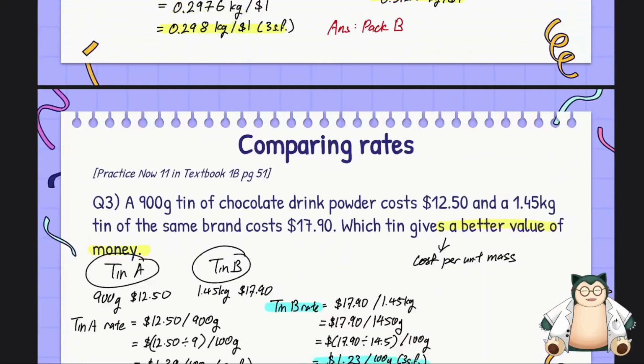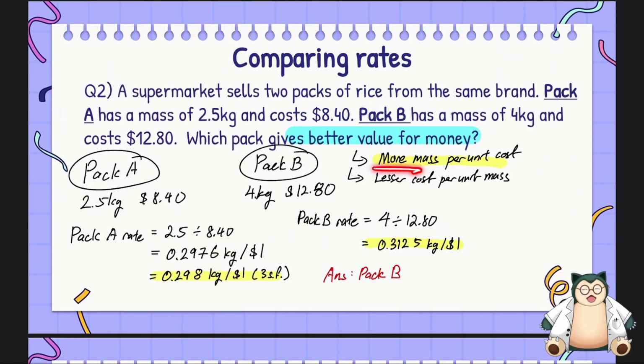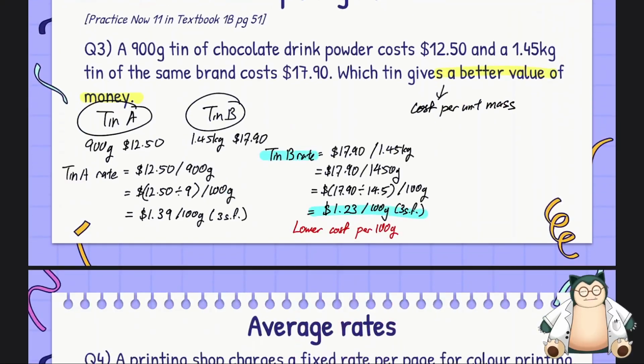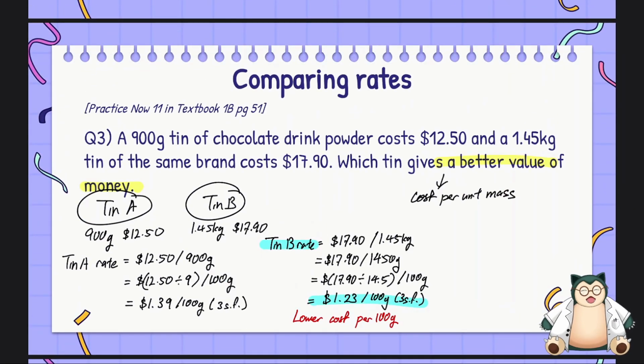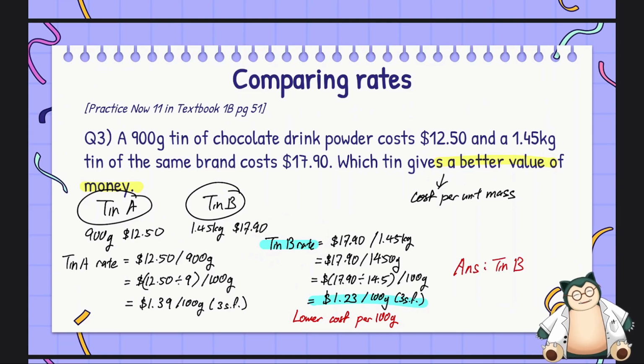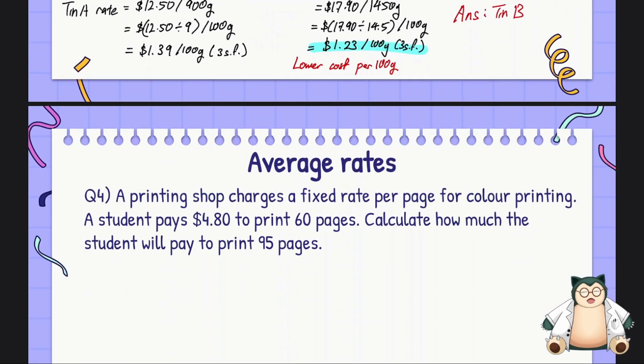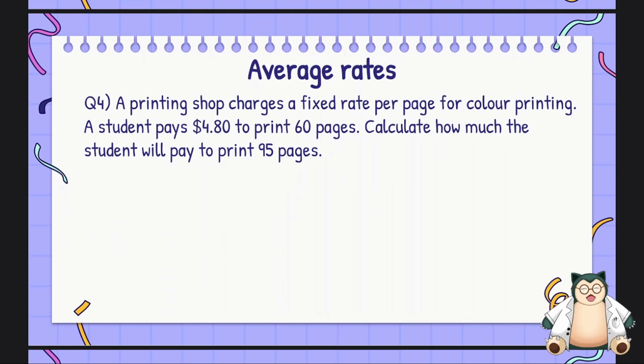Just that for the previous one, we have to take the higher amount, which is pack B, and in question 3 we have to take the lower amount, which is tin B. I hope that clarifies everyone. So the answer here is tin B.